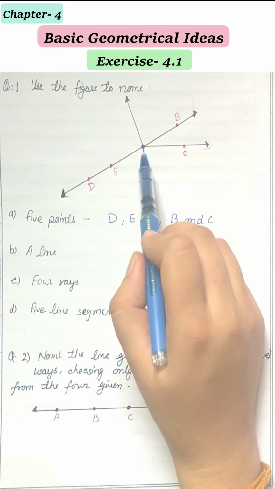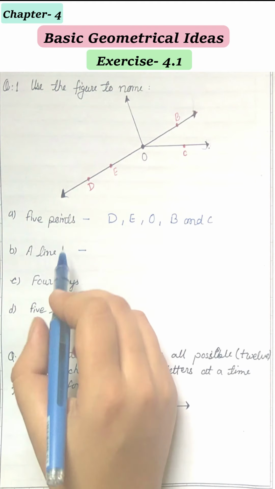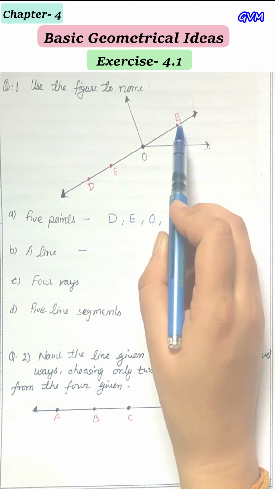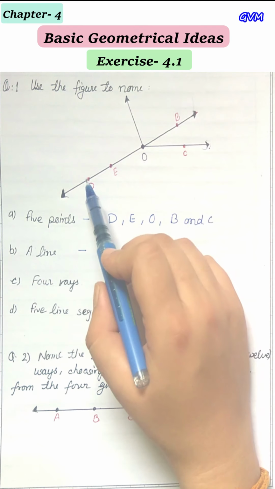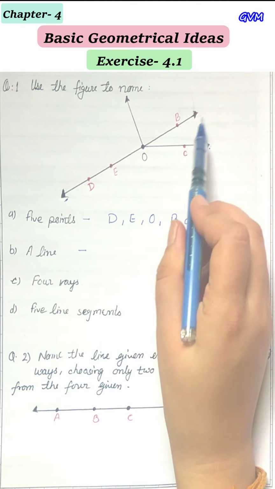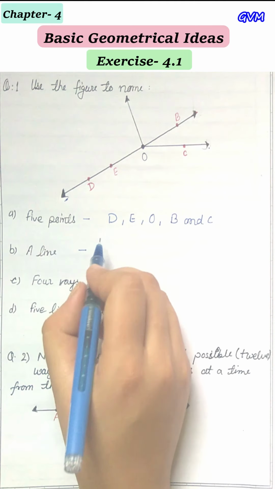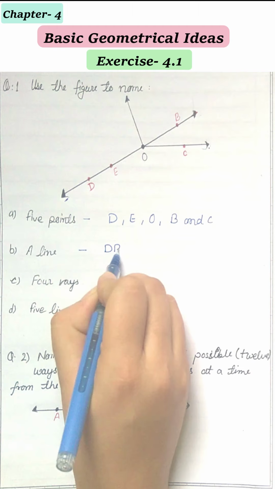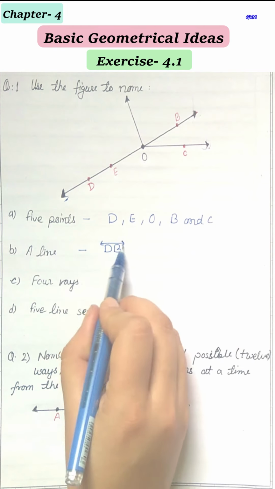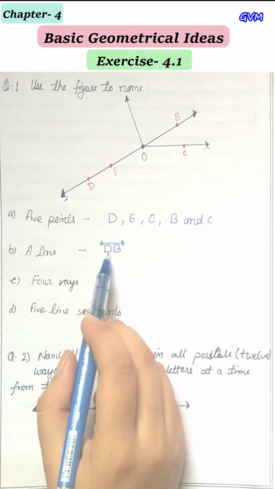Okay, so line we have only one, that is DB, or we can say BD, because this symbol shows that this is a continuing line. Okay, so DB is our line and we put this symbol when we write the line.